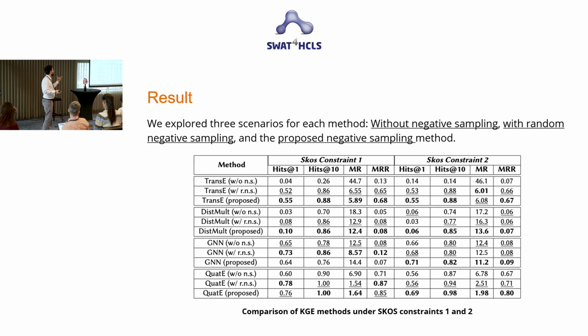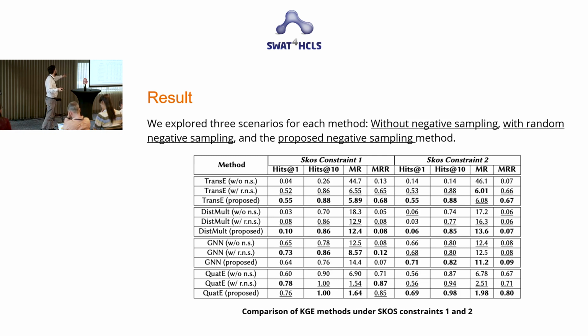One of them is without negative sampling, or you use random sampling. The other is the one that we proposed. If the knowledge graph is already noisy, we see there is not much improvement with our proposed negative sampling. As you see, there are different methods.